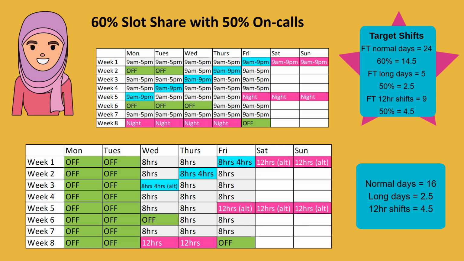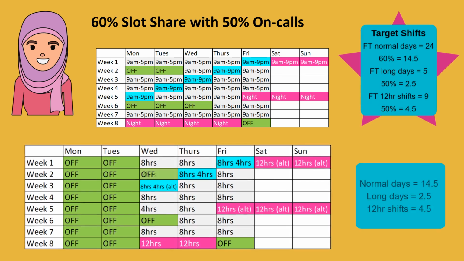Once Fatima blocks out Monday and Tuesday as her non-working days, she finds that although her out-of-hours shifts are correct, she is working 16 rather than 14.5 normal day shifts. She therefore agrees with her department to add in another day off and a half day to adjust her hours.